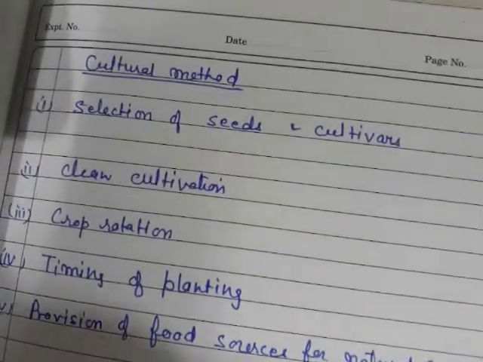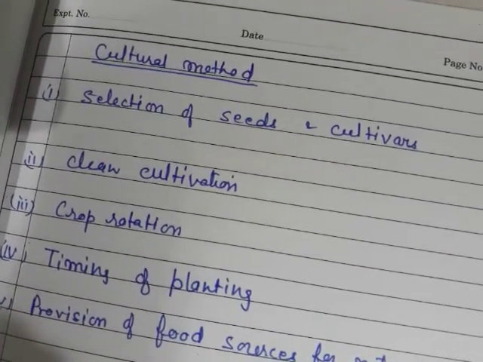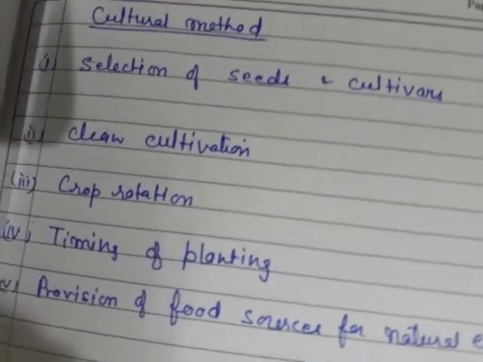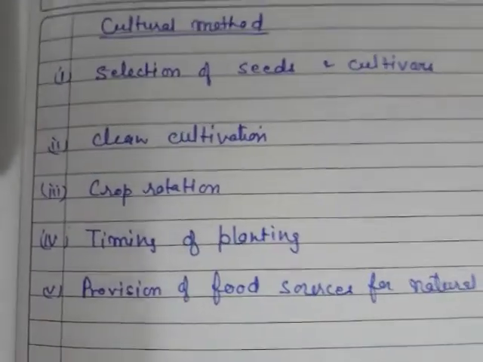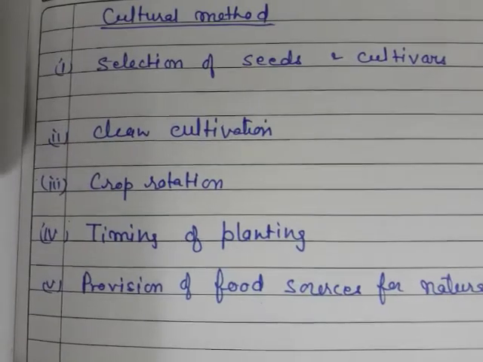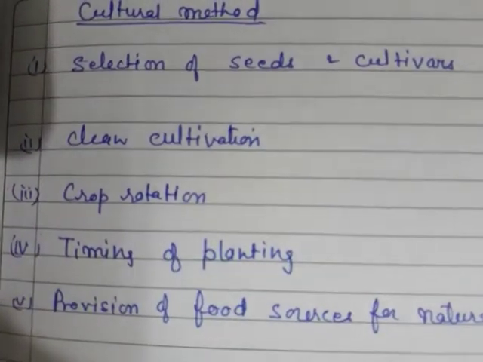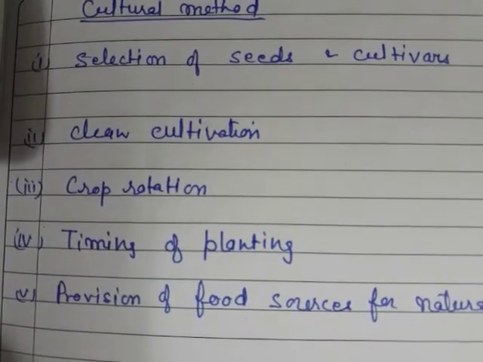So these are three main types of natural pest control. First, physical pest control. Second, mechanical control. Third, cultural control.